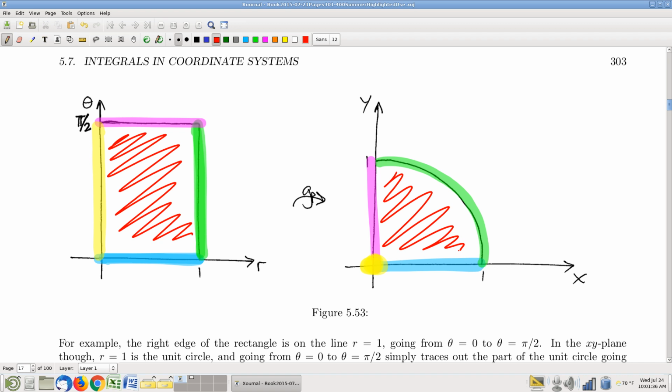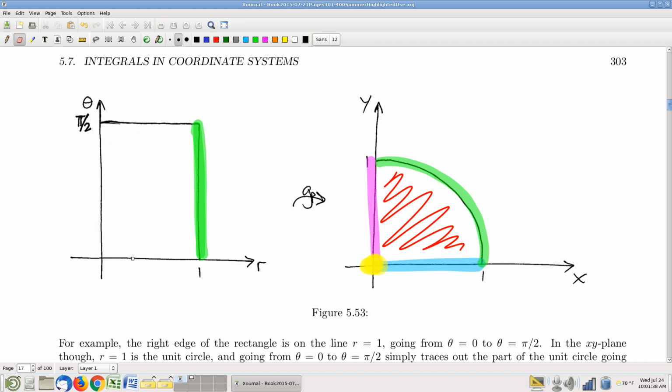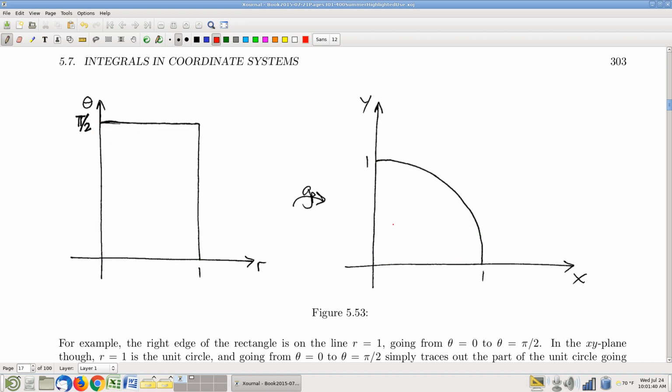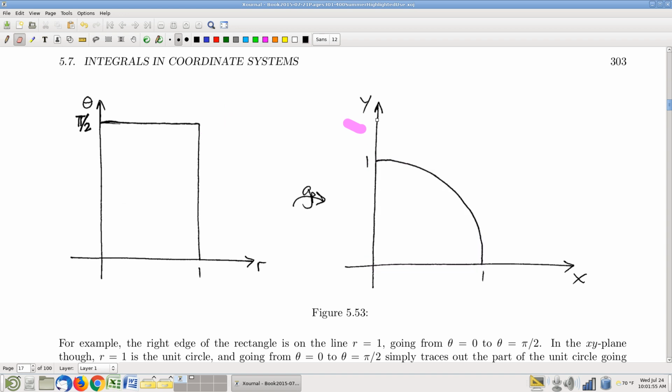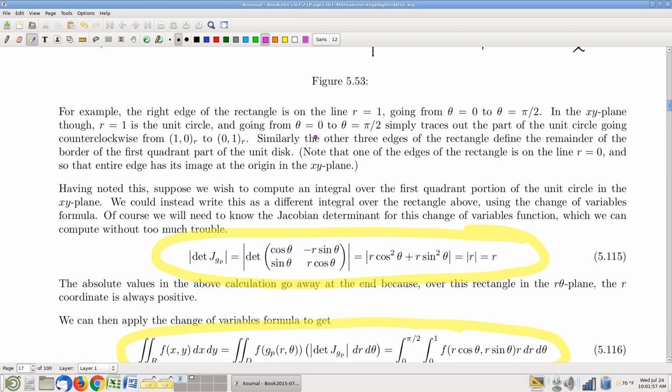Everybody on board? So we have an opportunity for a pullback. I can take whatever integral I might be interested in on this domain, I can pull back and turn it into an integral over a rectangle. So, sweet. Let's proceed. Now, I do have to compute the stretching factor. Here's our computation of the stretching factor.